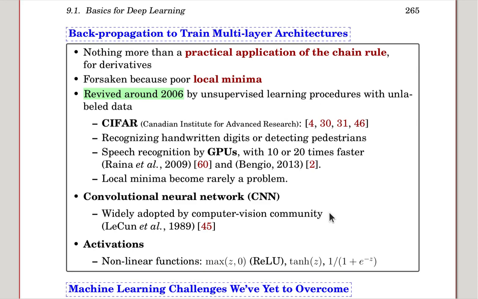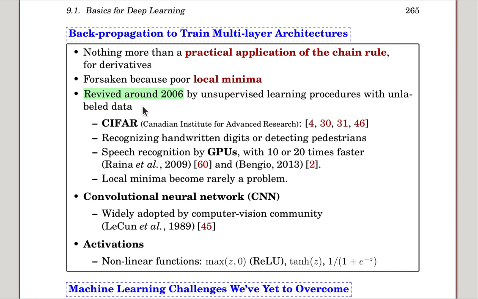It is nothing more than a practical application of the chain rule for derivatives, particularly for gradients. However, because of the poor local minima issue, it was ignored. And in 2006, it was revived along with some revised format.